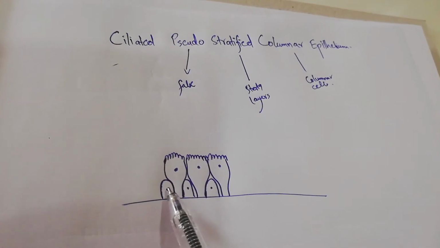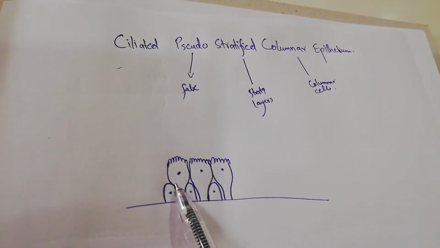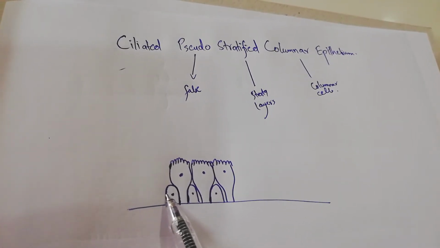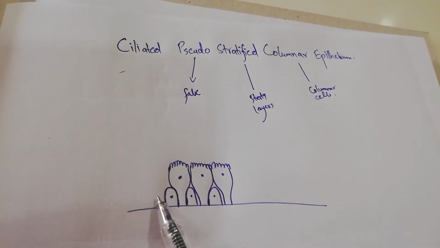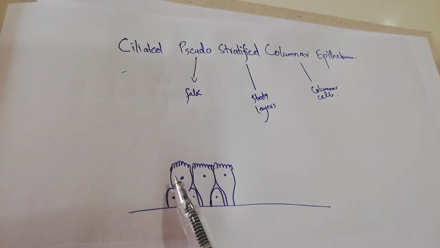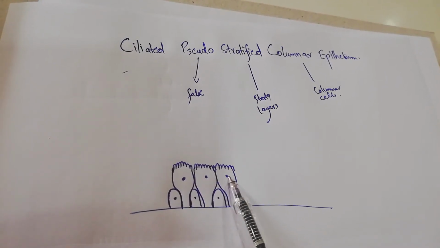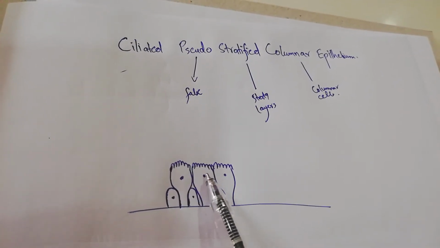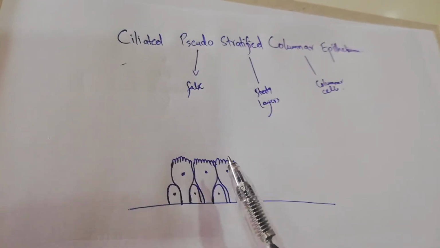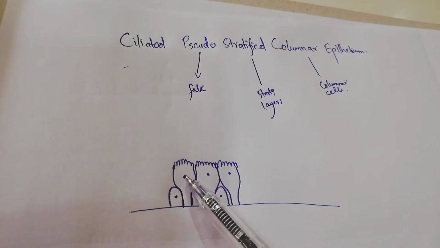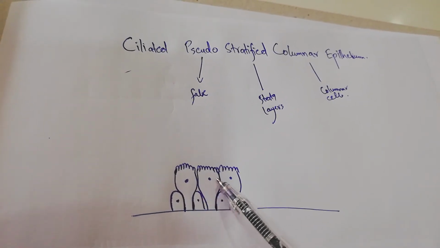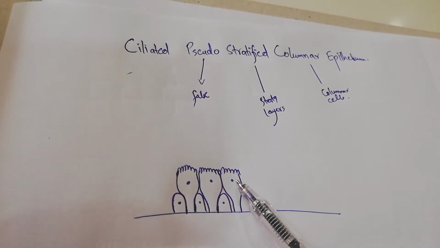So the short cells have the broader part at this level, so the nuclei will be placed at this level. This level is a little bit lower than the level of the tall columnar cell nuclei. These tall columnar cells' nuclei again lie in their broader part of the cell.